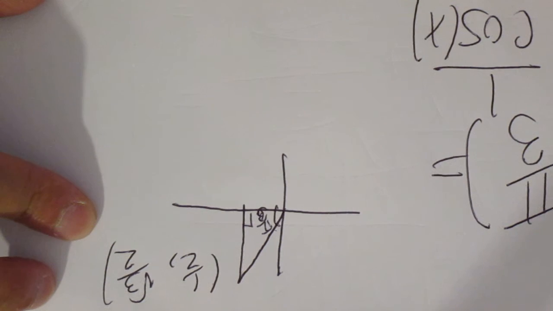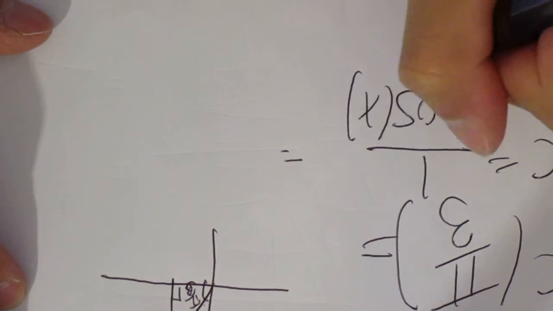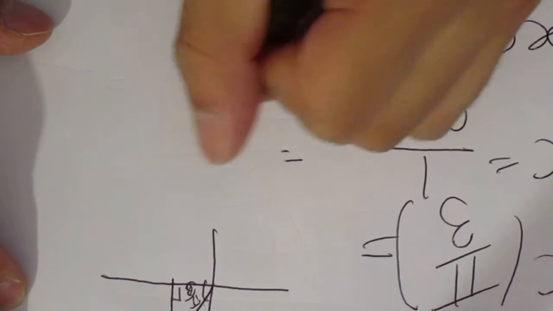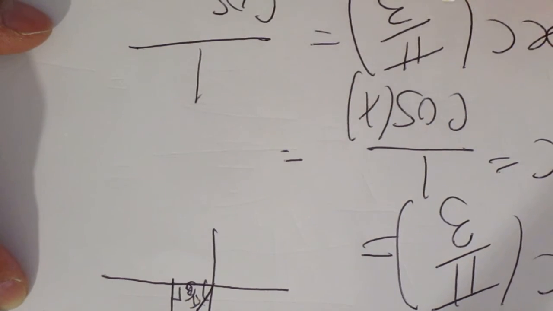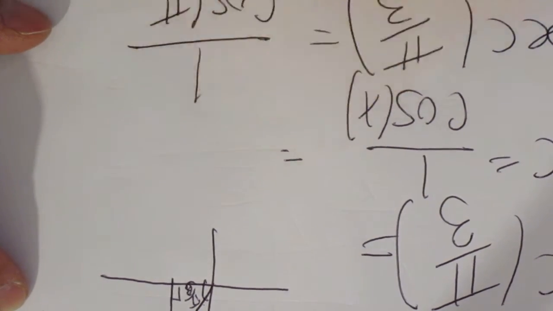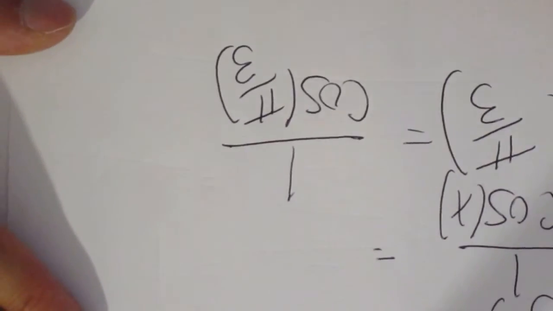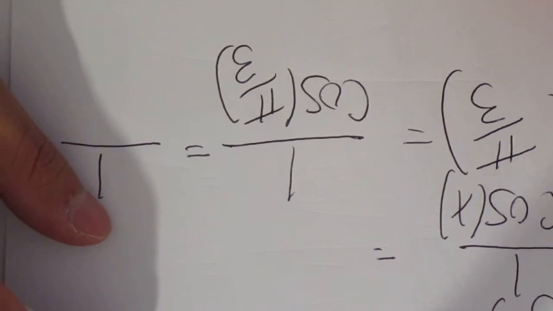So secant of pi over 3 is 1 over cosine of pi over 3. So that's 1 over, and what is the cosine of pi over 3?